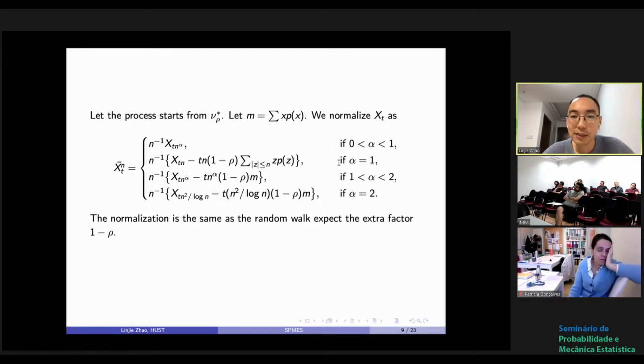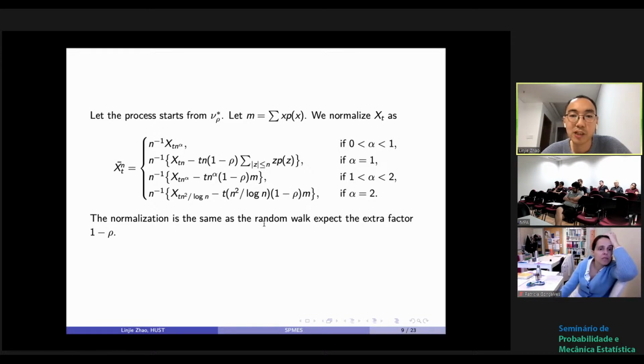And if alpha equals 1, we subtract the truncation of the jump rate at the level of n. And if alpha is between 1 and 2, we let X_{tn^alpha} minus its mean value, so it's X_{tn^alpha} minus t n^alpha (1-rho) m. And if alpha equals 2, we have a log n correction here. So we could see that the normalization of X_t is actually the same as for the random walk with jump rate p, except we have an extra factor 1-rho here.